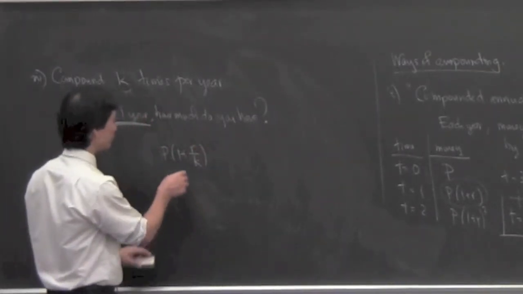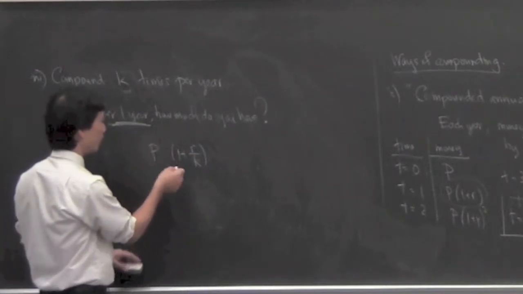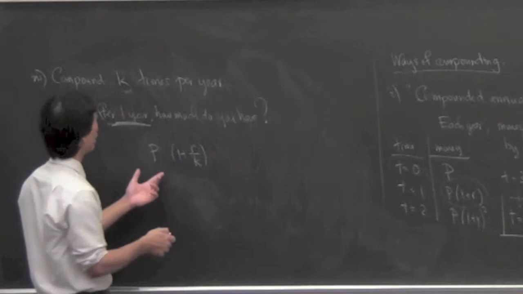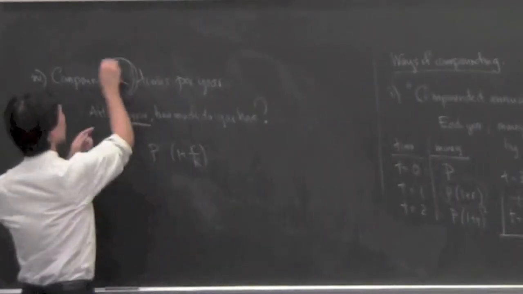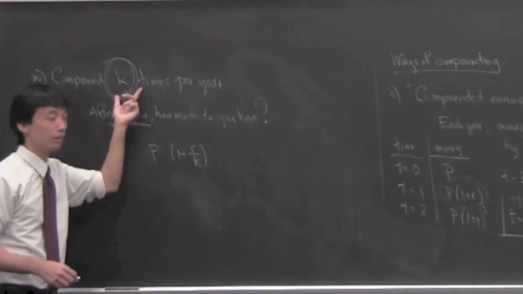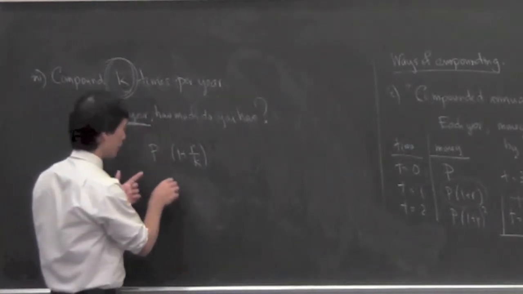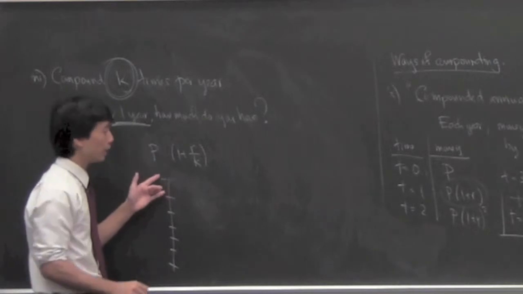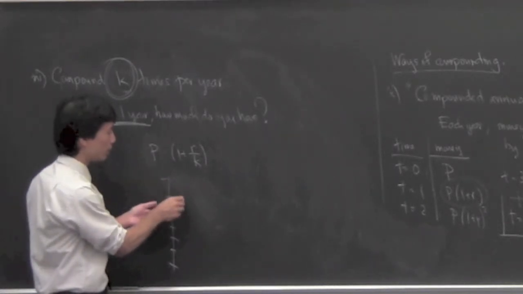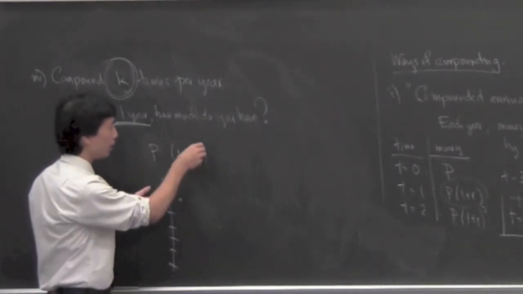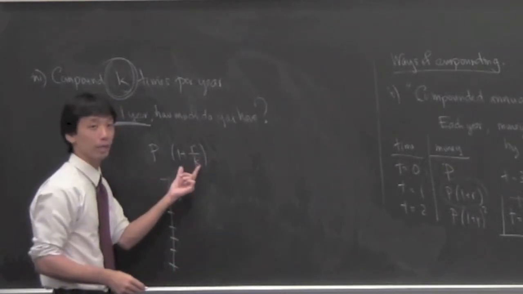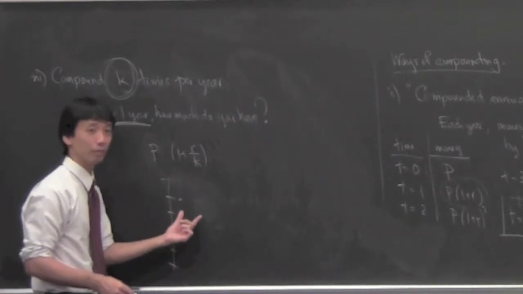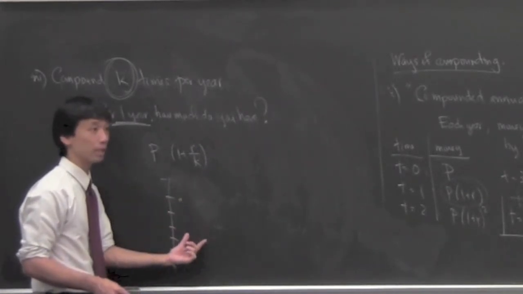You divide the year into k parts, and then after each period passes, you multiply by 1 plus r over k. You divide the interest into k bits, and then you apply those bits of interest at the end of each period.